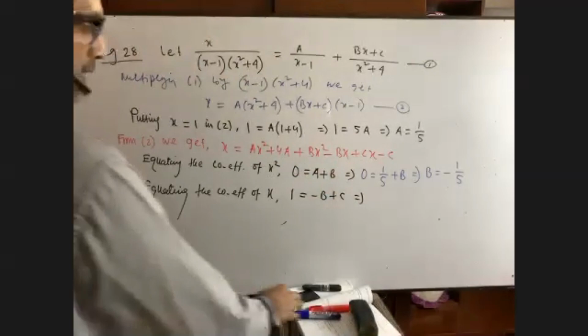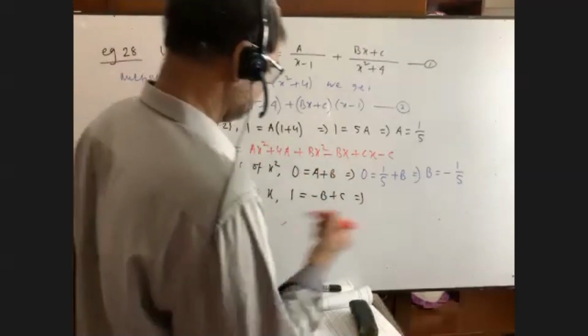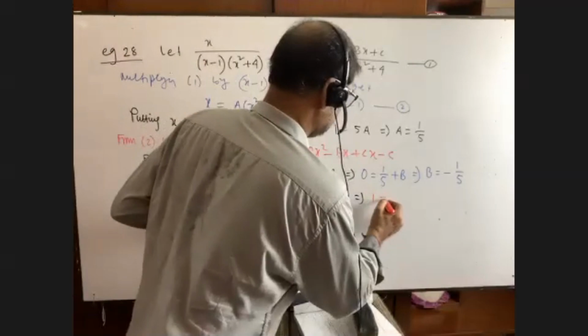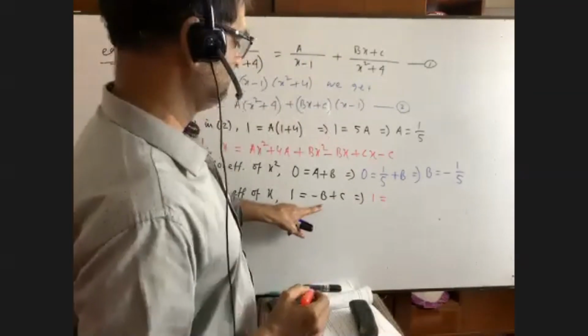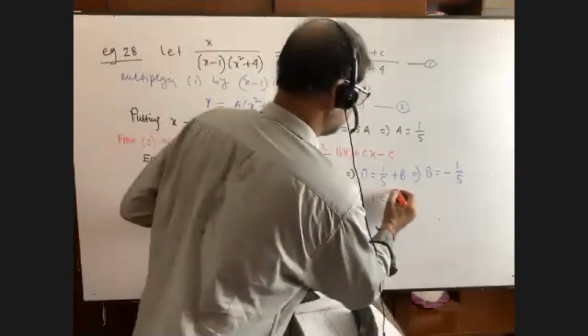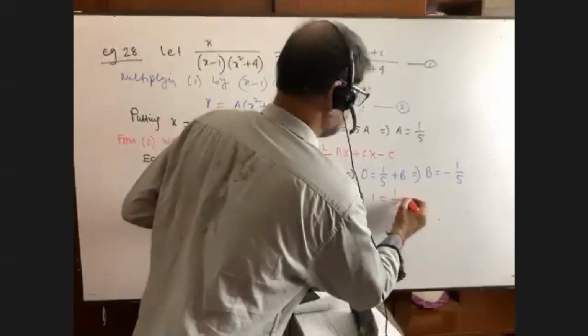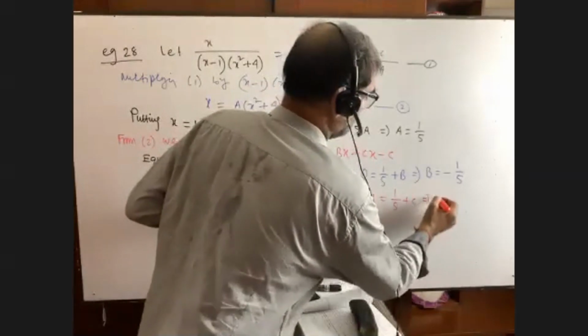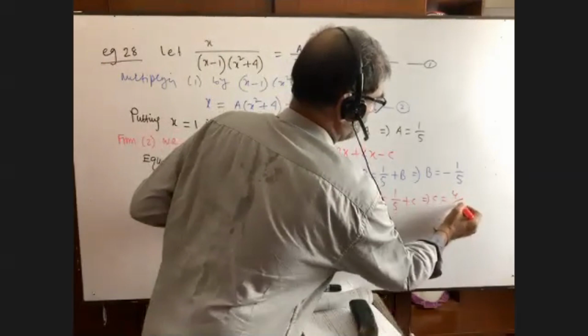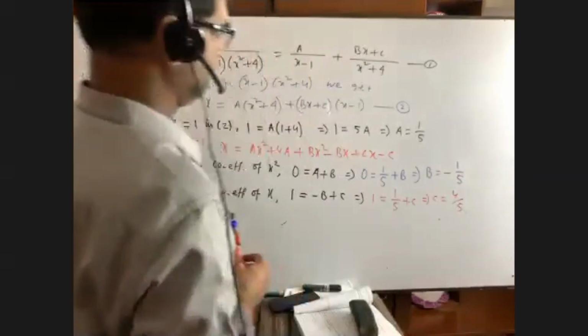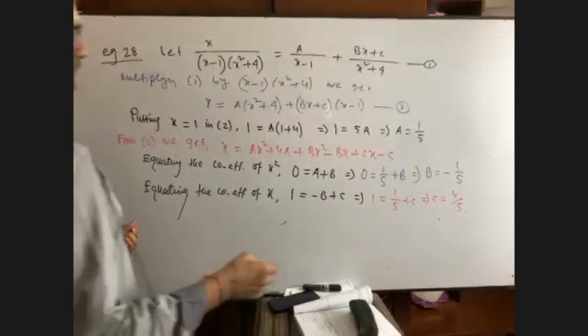Now put the value of b here. That means 1 is equal to minus b. Minus b means what? 1 by 5. 1 by 5 plus c implies that c equals to 4 by 5. So our math is done.